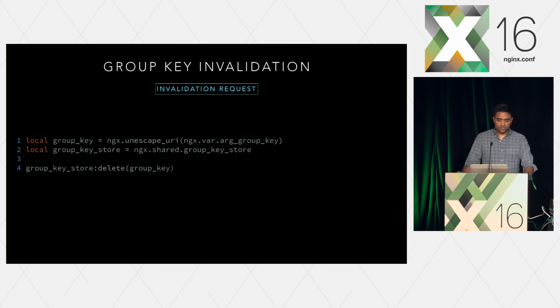What we do is we get the key we want to invalidate, that's line 1. Line 2 is load the Keystore, which is just a default operation, and then line 4 is where we actually delete the key. By deleting it, the next time we do a check on a request, it'll fail because the key won't be found in the store.